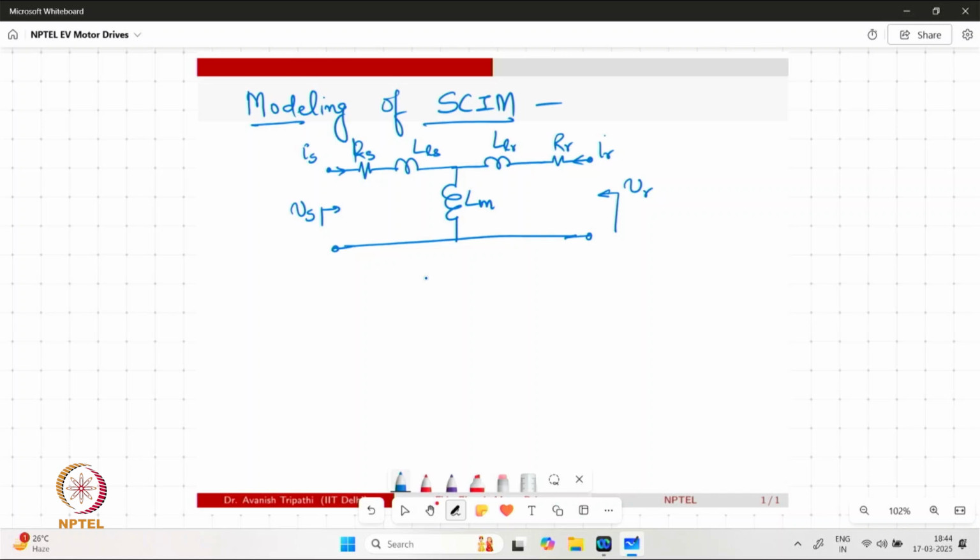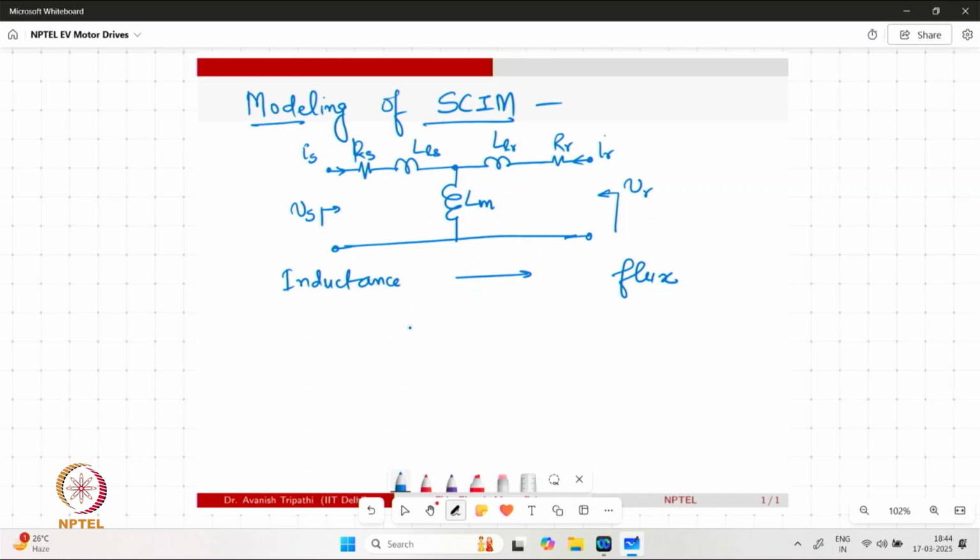So essentially the point what we are trying to explore over here is we are trying to define the inductance and the flux associated with different parts of the machine.